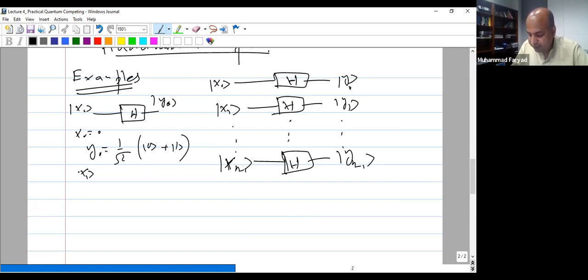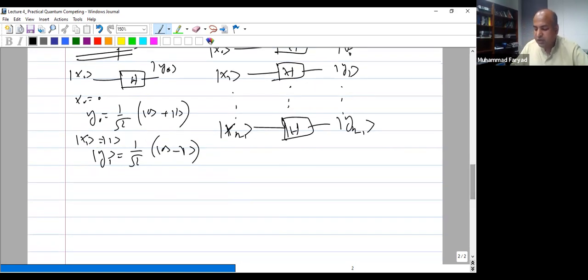And if x0 is 1, then y0 is 1 over root 2 times (0 minus 1). So the Hadamard gate just transforms 0 to the plus state and 1 to the minus state, 0 minus 1 over root 2.